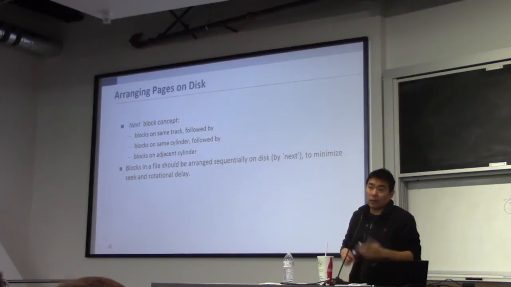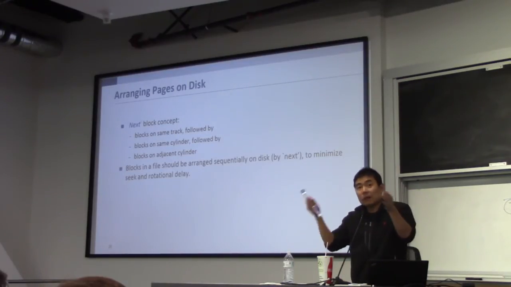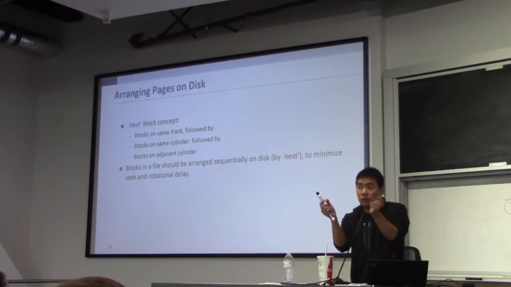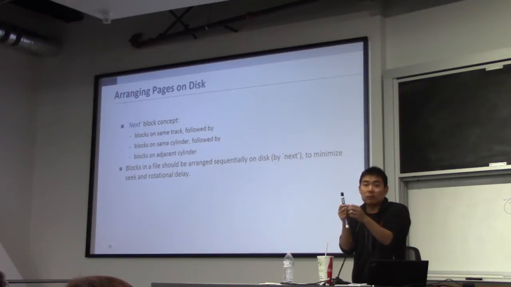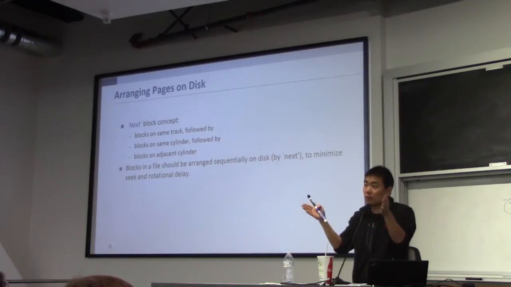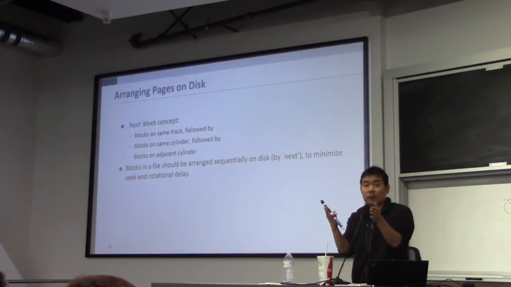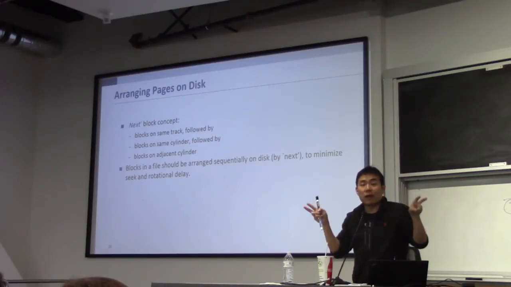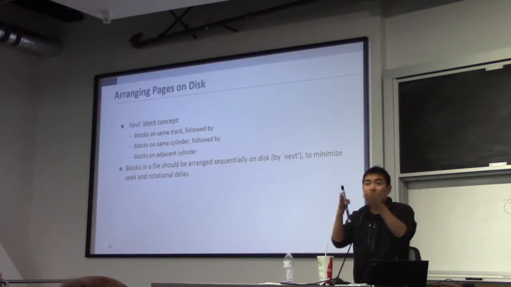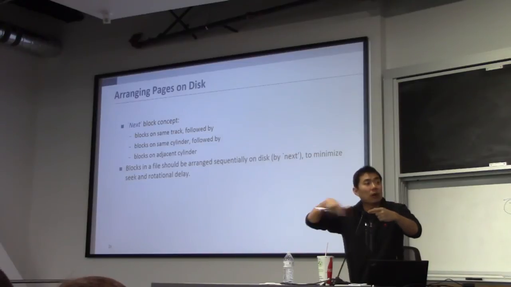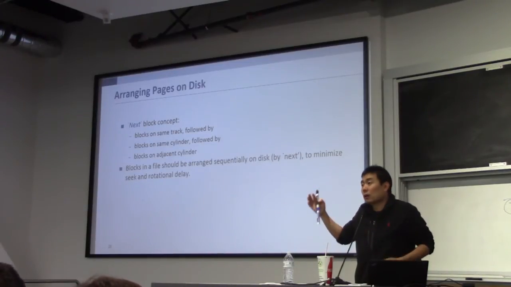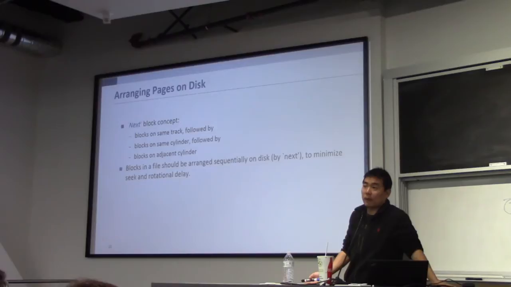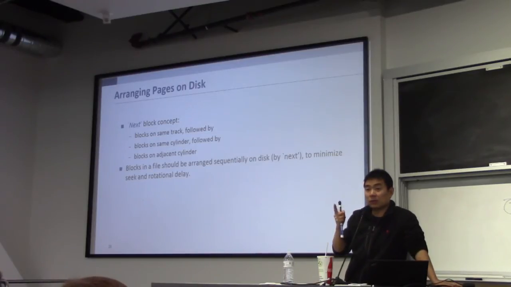Over time, blocks or pages of the same file may no longer stay next to each other because of deletion and insertion, so they are fragmented, quote unquote. The defragmentation process puts them back to sequential blocks on disk, so that disk performance improves dramatically as a result. Does that make sense?